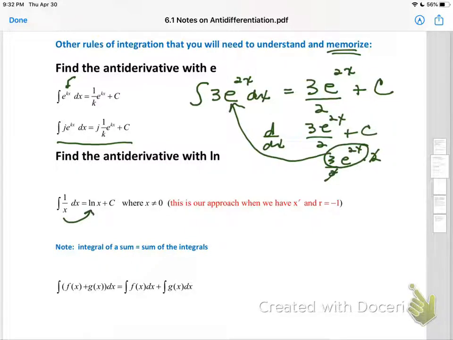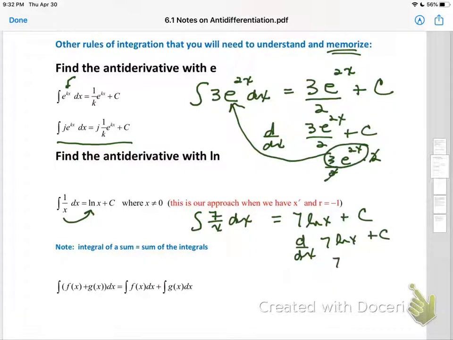Okay, so let's say I had something like this. I had 7 over x dx. That would equal 7 natural log of x plus c. Okay, check it out. Take the derivative. 7 natural log of x plus c.